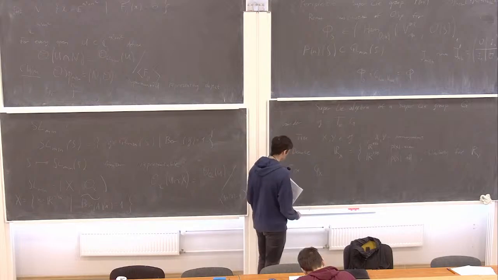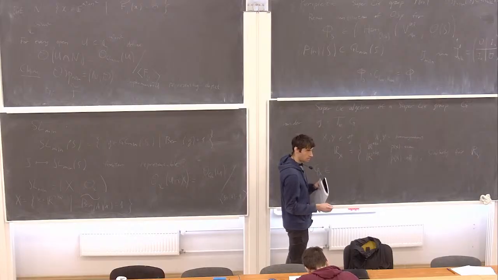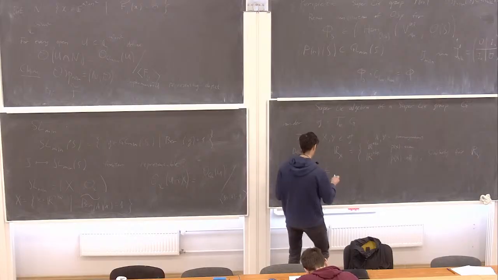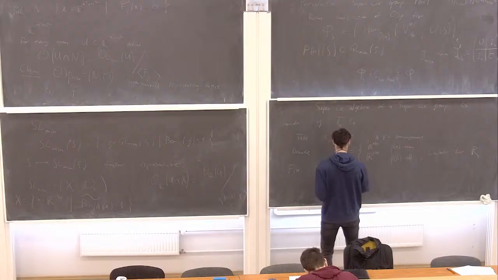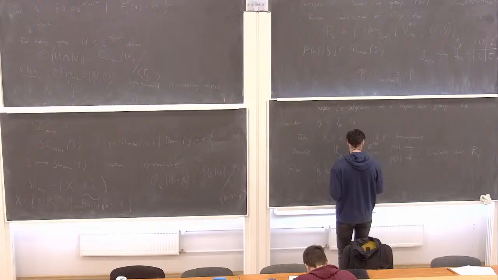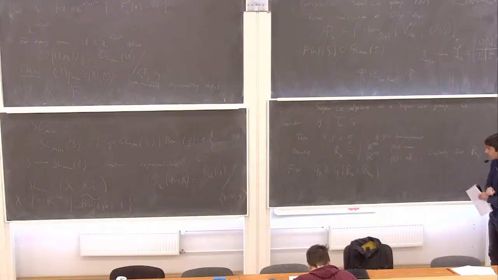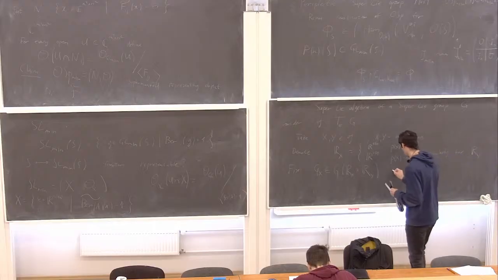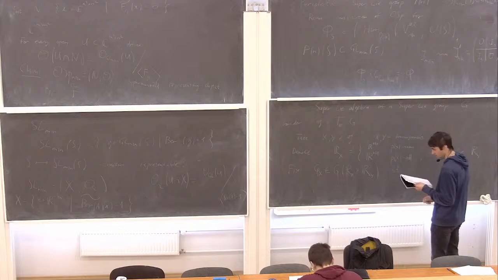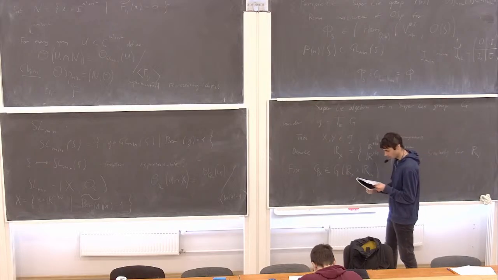This will be an element of G of R_x times R_y, a point of G. So I want it to be a morphism from this product to G, right?